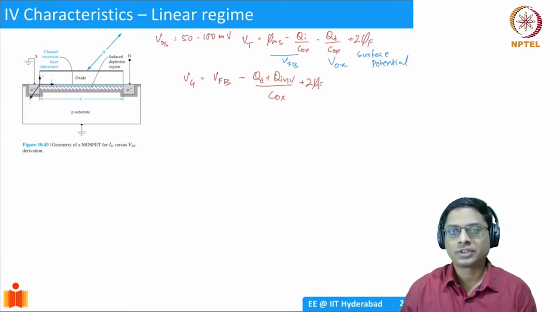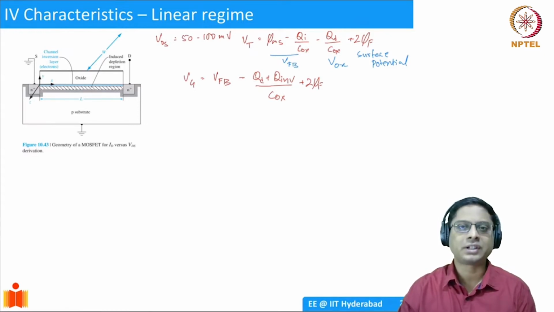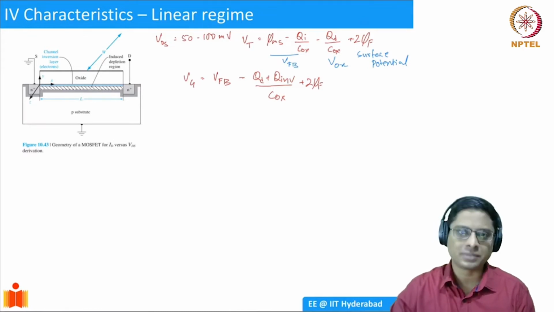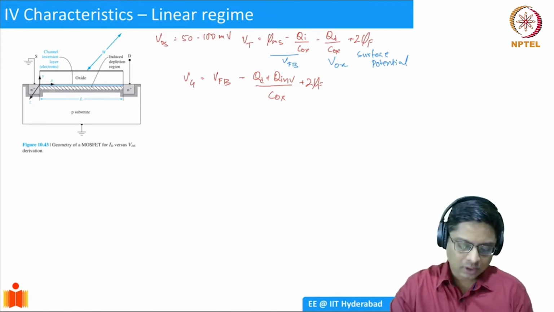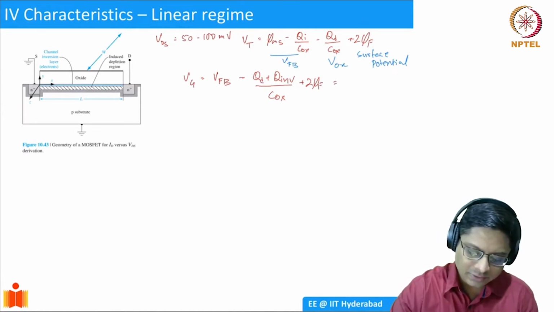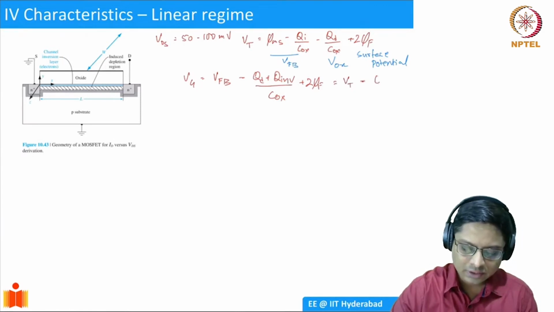Surface potential doesn't change. Surface potential reaches the maximum value of 2 phi f and it stays there. That's the delta depletion approximation. In reality, there will be a small change which is negligible anyway for our purposes. So this I can again simplify as simply VT minus Q inversion divided by Cox.